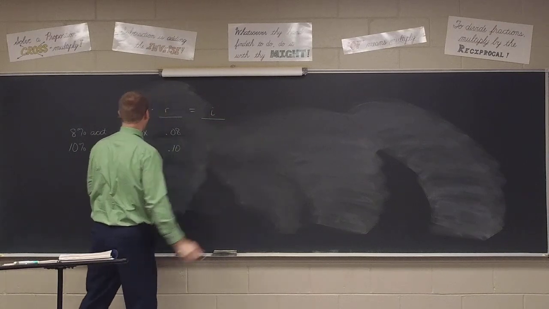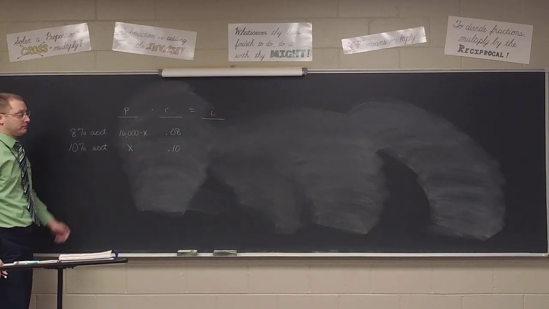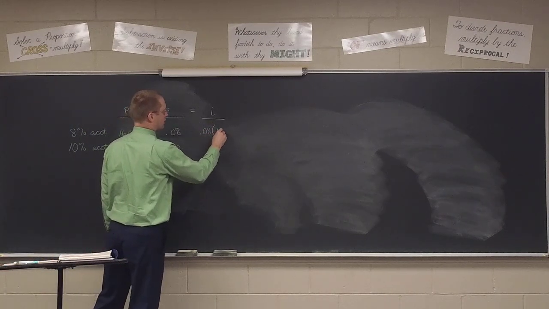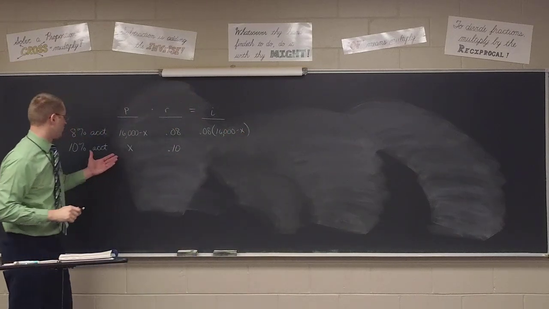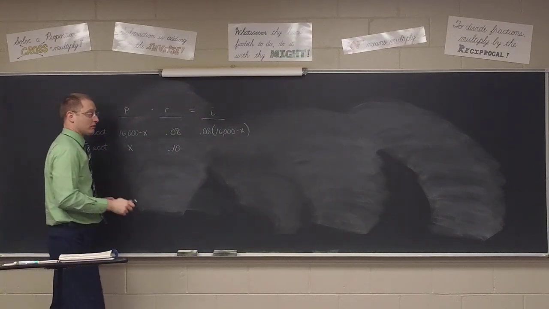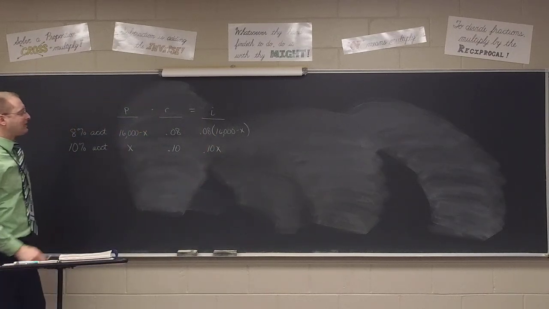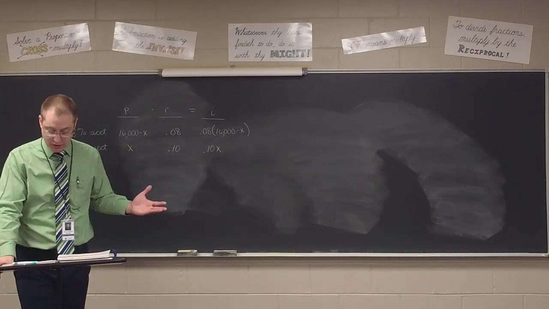the interest. How would I represent the interest earned on the 8% account, Brecken? And the amount of interest earned on the 10% account, Maddie? 0.10x. And the number we haven't used yet is the $1,450, right?